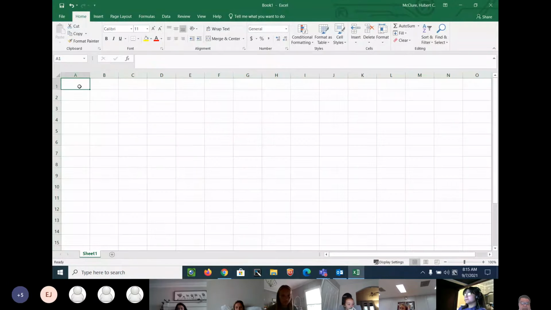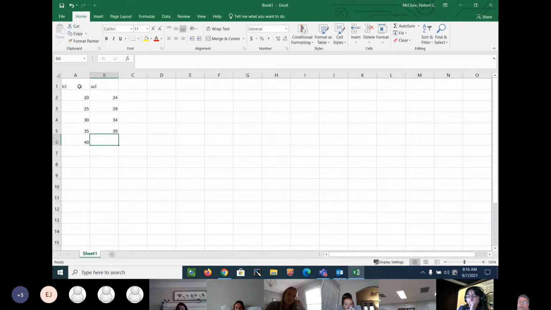But let's start with a lower class limit and an upper class limit. I'll make this bigger in just a minute. Let's go with 20 to 24, and then 25 to 29, and then 30 to 34, and then 35 to 39, 40 to 44, and then 45 to 49.